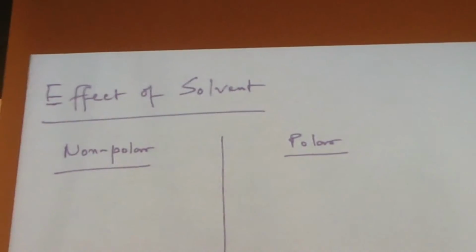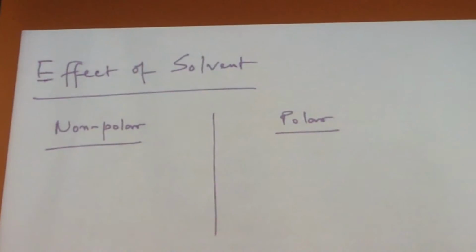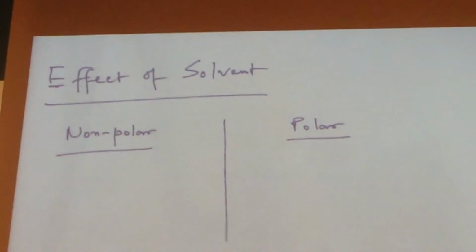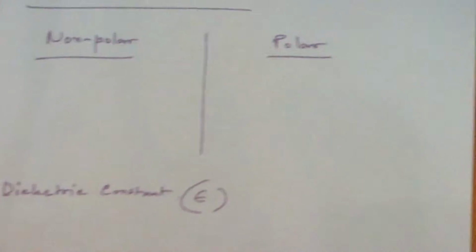And the polarity is determined, as we have already talked a great deal about dipoles and so forth, using a method which determines the dielectric constant. What is the dielectric constant? It's given a big symbol, epsilon.